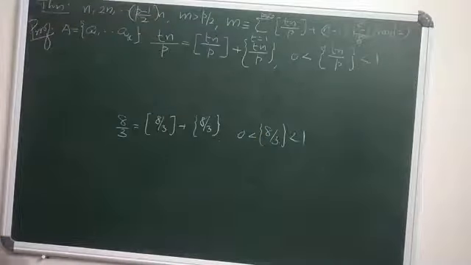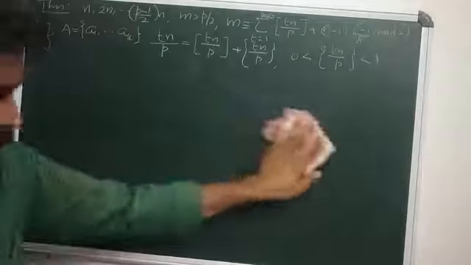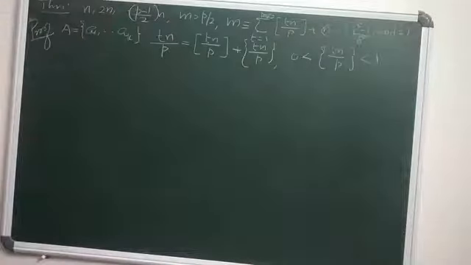Clearly the fraction part of 8 by 3 is less than 1. This is 2 by 3, and 2 by 3 is always less than 1. Hence, if you consider a typical number tn by p, then tn by p is the integer part of tn by p plus the fraction part of tn by p, where the fraction part is less than 1.